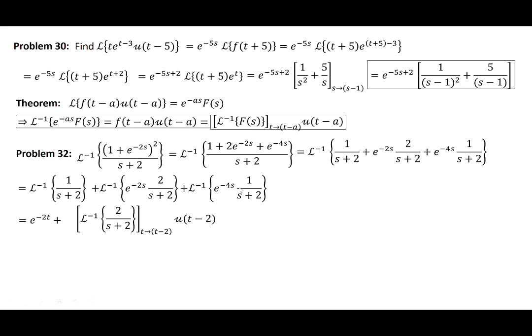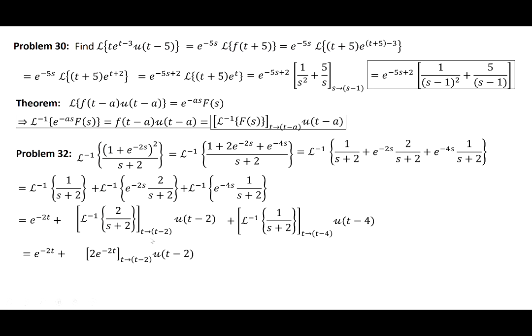Cool. What do you think about the second guy? Laplace inverse of 1 over s plus 2, shift applied, t shifted by t minus 4, multiply by u of t minus 4. That's it. And that's what results as 2 over s plus 2, 2e to the negative 2t, right?